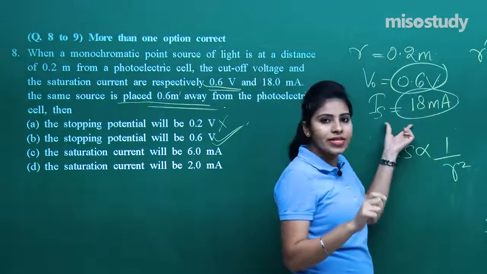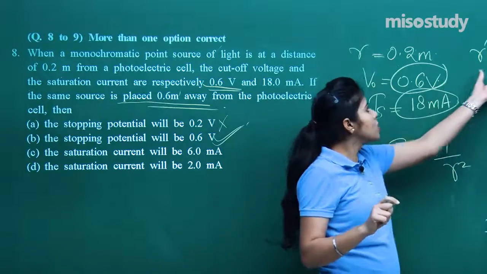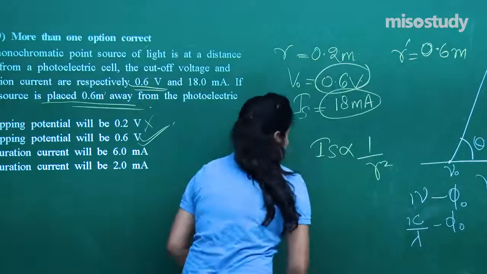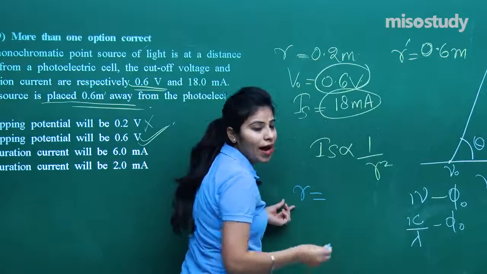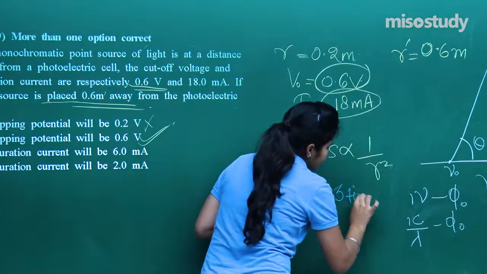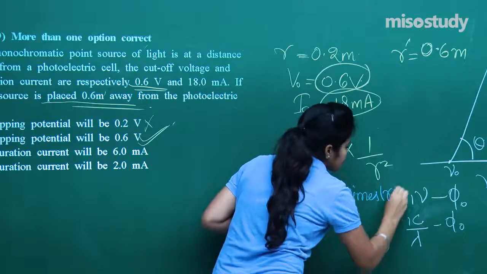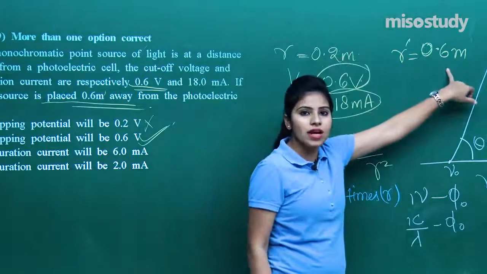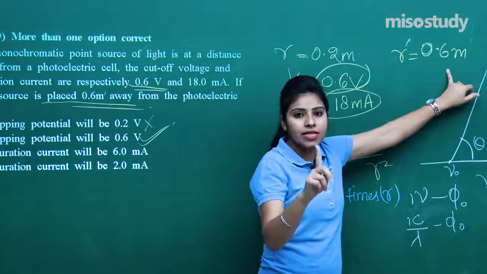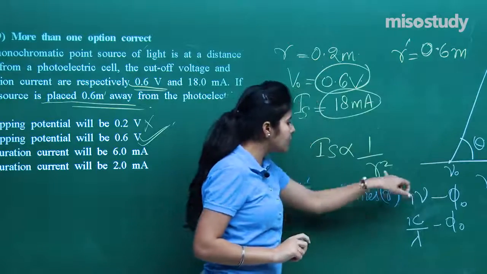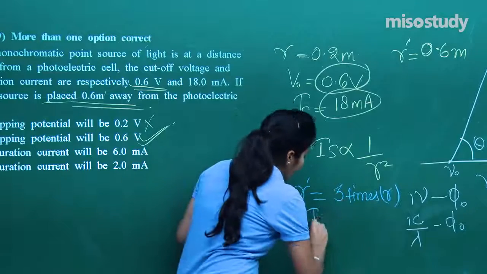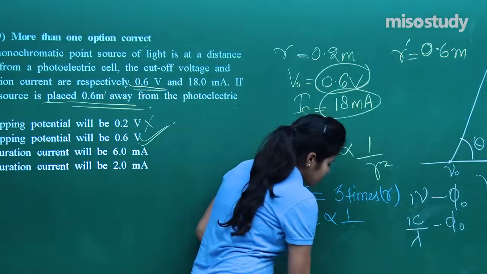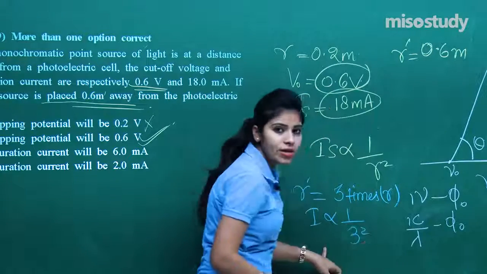Earlier your current was 18 milliampere and you are changing your distance to 0.6, that means you are increasing your distance by 3 times. Earlier R was 0.2, now your distance is 0.6. Now if you are increasing your distance by 3 times, your I would decrease by 9 times, because the square of 3 is 9.